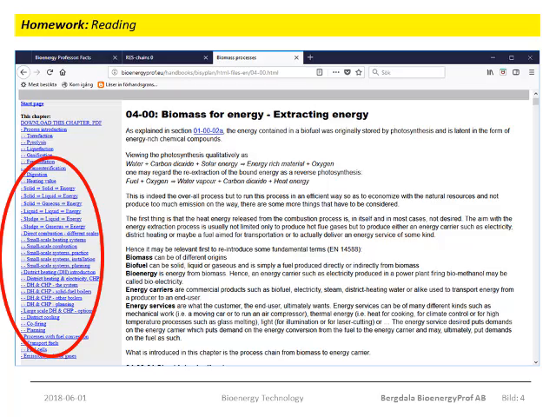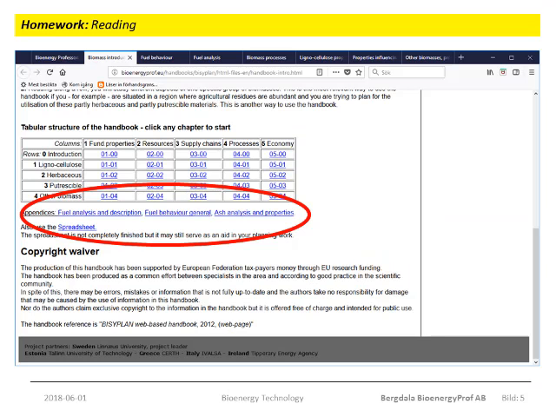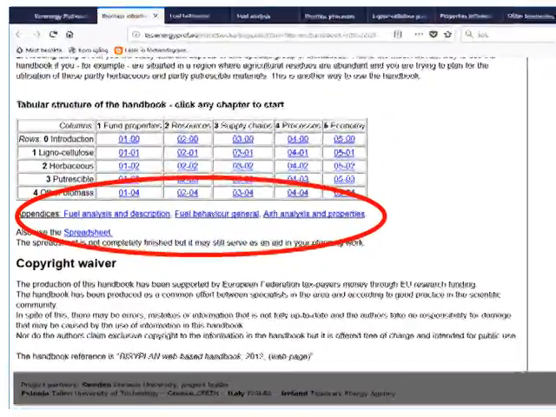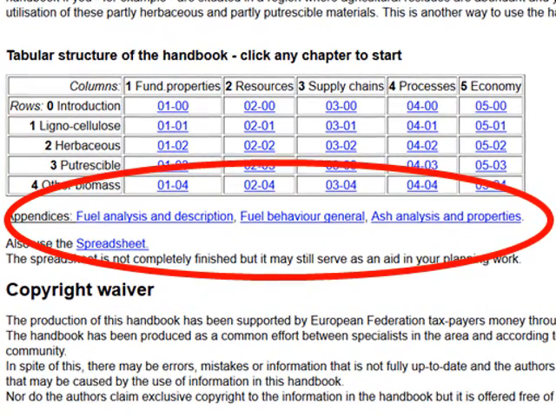Therefore, the first things you have to read are the sections in chapter 4 that covers the overall processes. After you've done that, then read the 3 appendices. The first one is mainly to repeat the basic structure of biomass from lesson 1 in this course. The second appendix on general fuel behavior is mainly to give you a short summary of some emissions aspects.